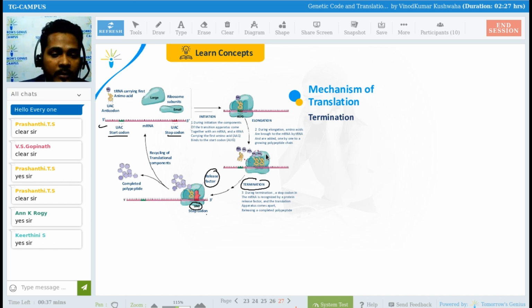During termination, the stop codon in the mRNA is recognized by protein releasing factors, and the translocation apparatus comes apart, meaning they are separated because of these releasing factors.